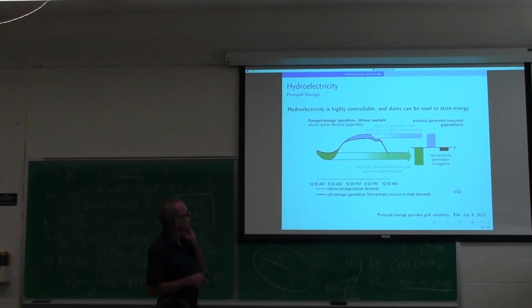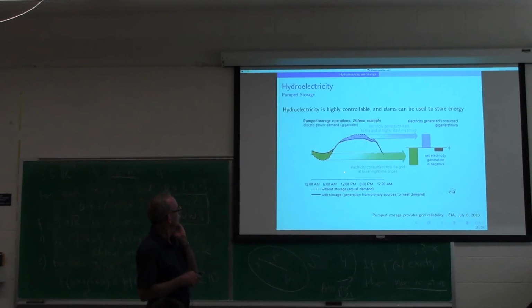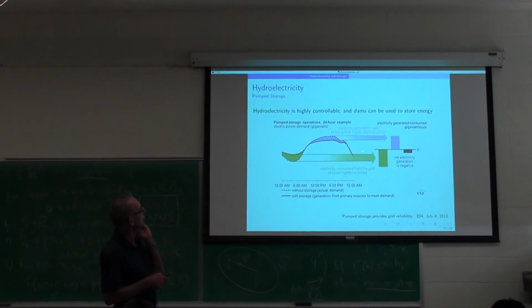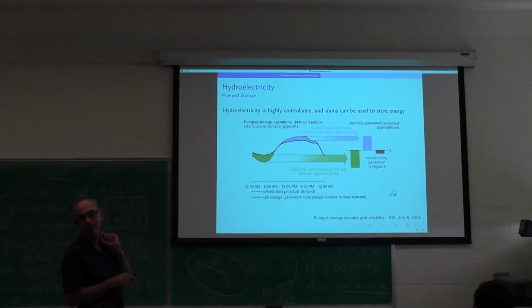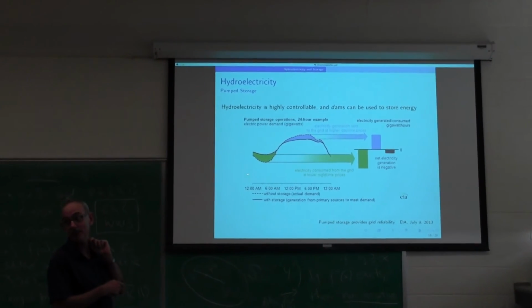Basically in places like this, this is 2013, that makes it old-fashioned. So this is thinking about the case where you have peak demand in the daytime and very little at nighttime.